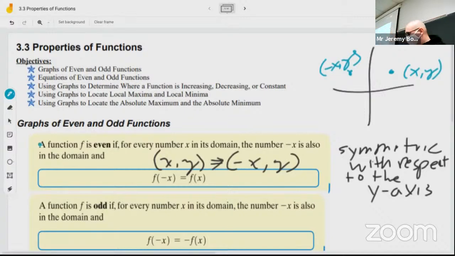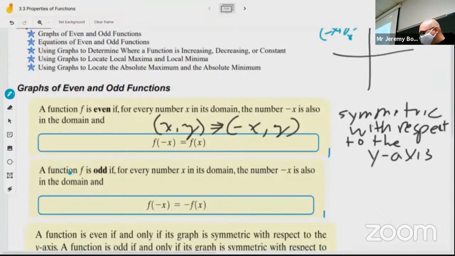Okay. A function f is odd if for every number x in its domain, the number negative x is also in its domain, and f of negative x is equal to negative f of x. What that is saying is if you have x comma y, you also need to have negative x comma negative y.